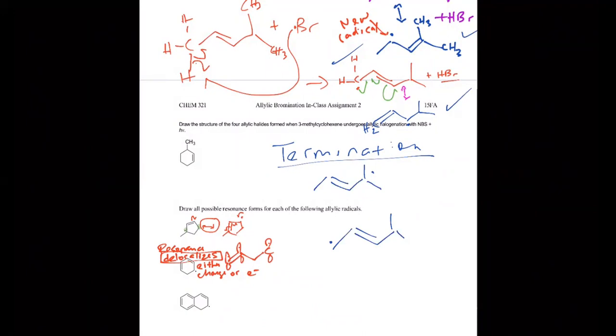And then I made this radical, where the electron is here. And then I made this radical, where the electron is there. So those 4 radicals I'm going to combine with Br. That's what happens in termination.